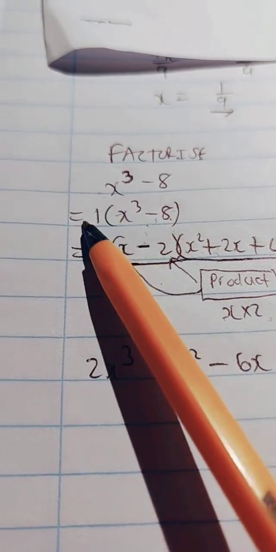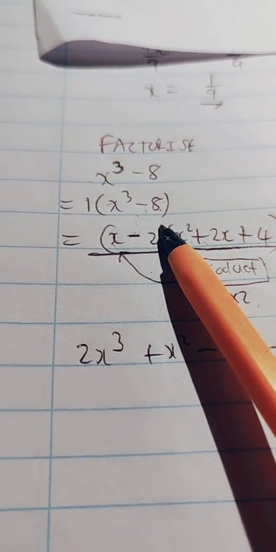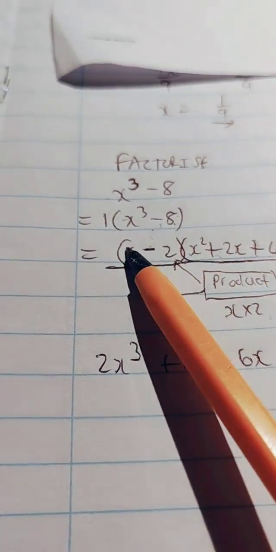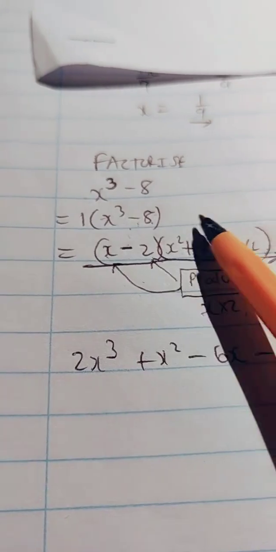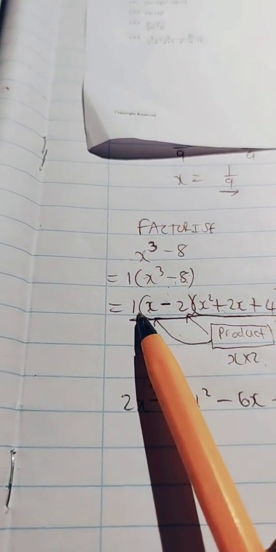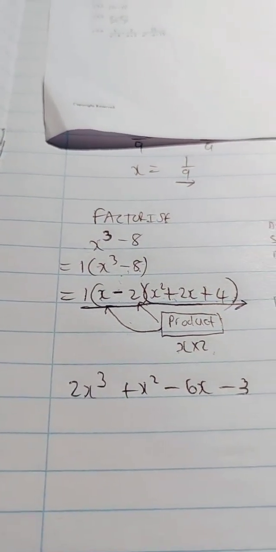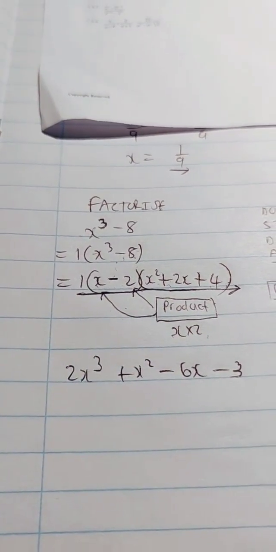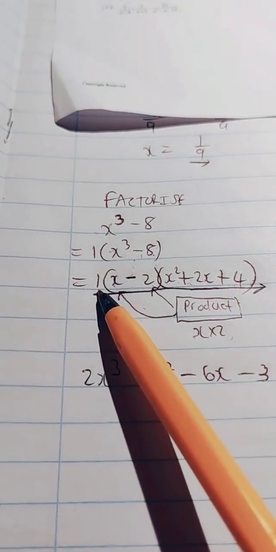You now have 1 term because you've put a bracket around it. What you actually don't take into consideration as well is that by having opened these 2 brackets, there's an invisible 1 that is there. The 1 is invisible, but it's there, guys. The fact that we don't acknowledge it doesn't make it less real.